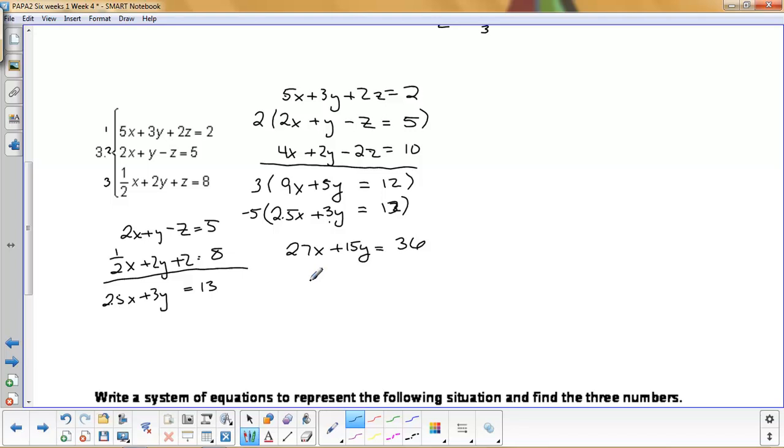In the second one, we get negative 12.5x minus 15y equals negative 65.